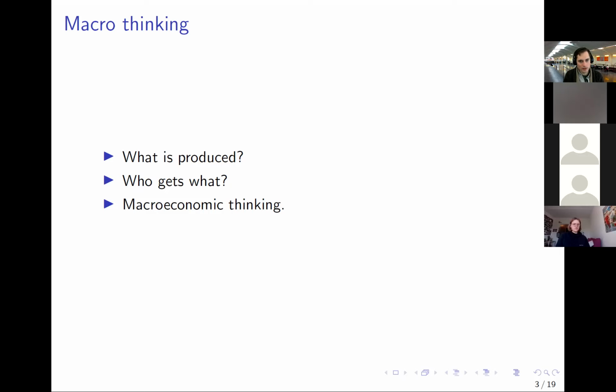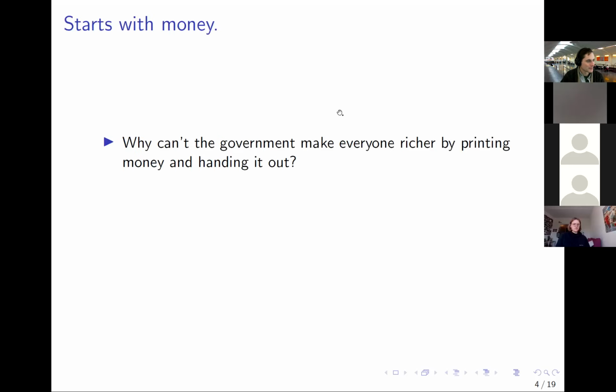I think of that as macroeconomic thinking. It's kind of a resource constraint. You're thinking not about what one household or one firm is going to do, but about what happens if all the households are acting together or all the firms are acting together. What is produced physically? No money. What is produced, and who gets what? So it starts with money. Money is very confusing. Why can't the government make everyone richer by just raising everybody's wages 10%? Why not?